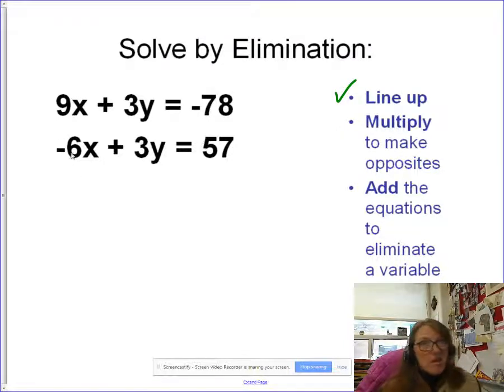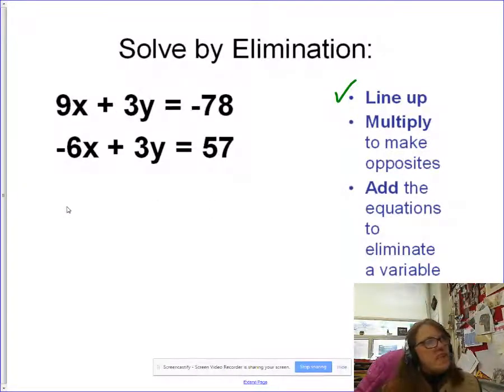I could get opposite numbers, but I'm looking here at the Y's. Both of these right now are at +3, and there's something that I can do really quickly to make this work. I need one of them to be a +3 and one of them to be -3, so that when I add them together, my Y terms completely disappear.